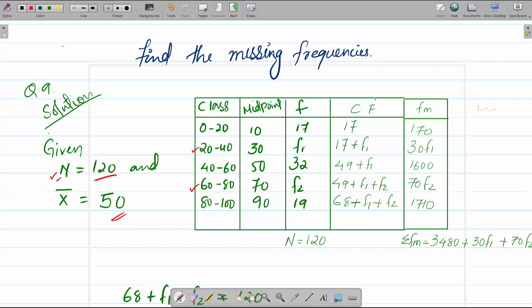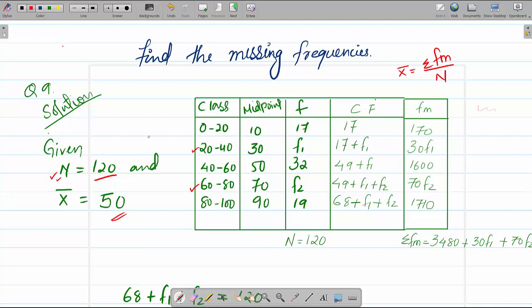So that is what we're going to do. We're going to calculate this question in the direct method. So for the direct method, the formula is what? Mean is equal to sigma fm by n, right? So you need fm. So for that you have to calculate the midpoint, m.